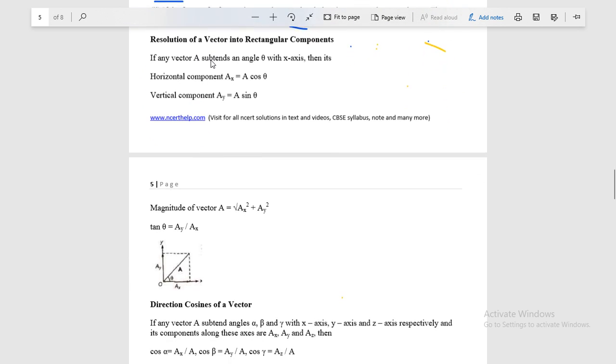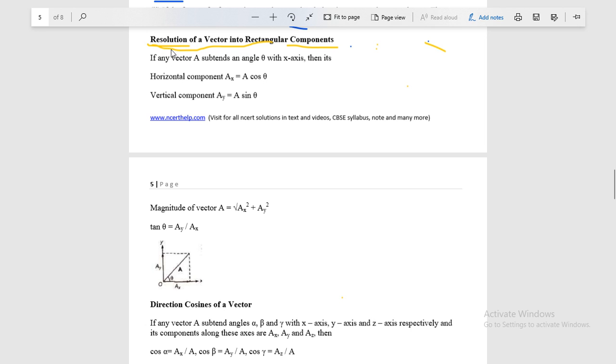You can see here our topic is resolution of vectors into two rectangular components. Okay, so students, what is the meaning of vector resolution? We have discussed some portion of this topic yesterday.